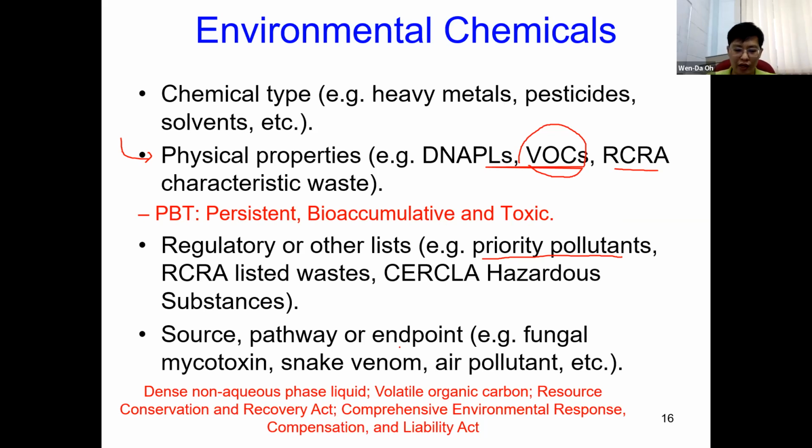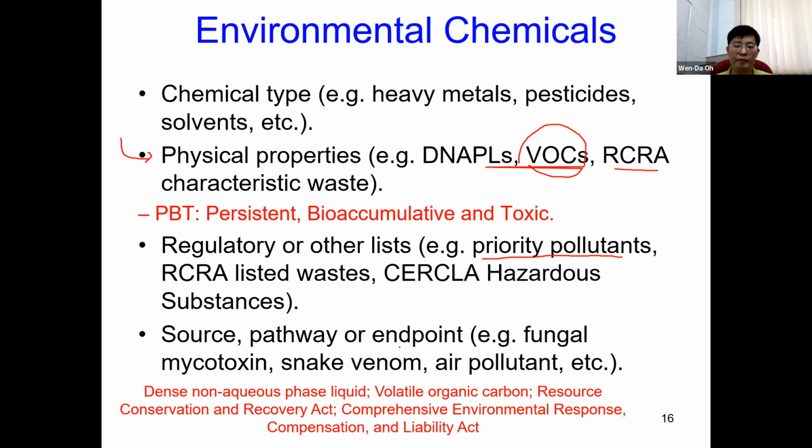Another reason why we have to classify the chemicals is because we need to know what kind of treatment method can be used to treat the exposure, right? If a person is exposed to heavy metals, the treatment method is different compared to when the person is exposed to things like pesticides or maybe some other toxic compounds, right?